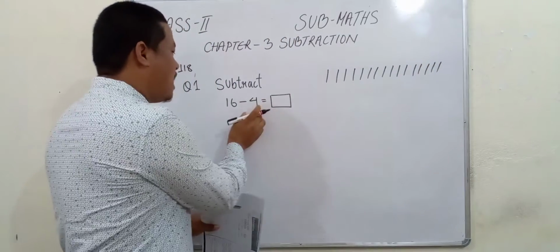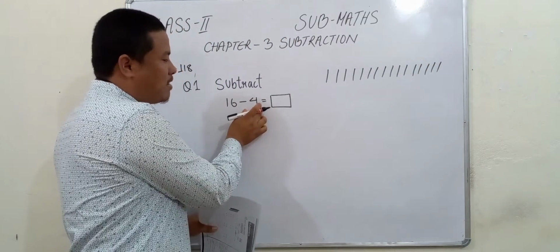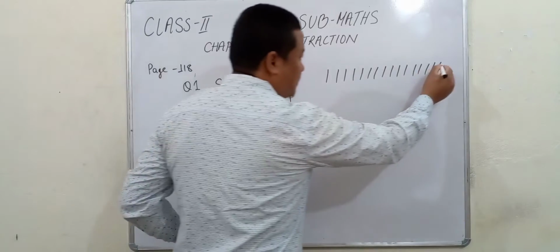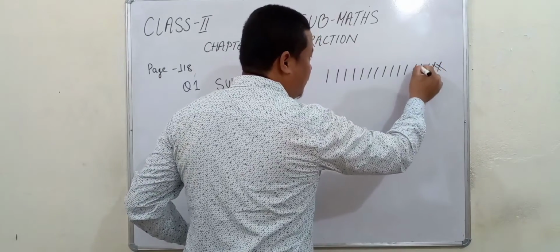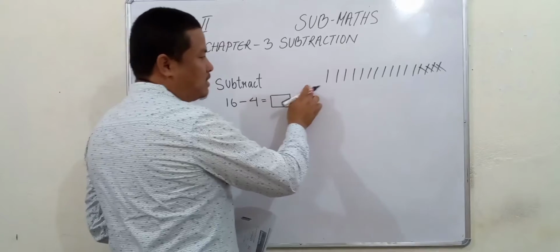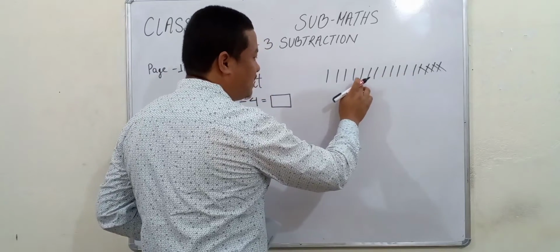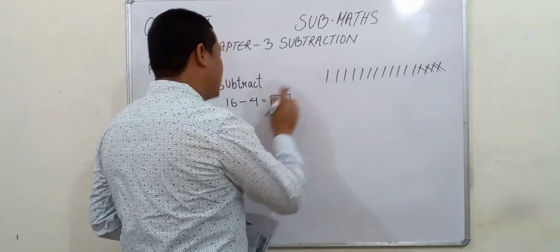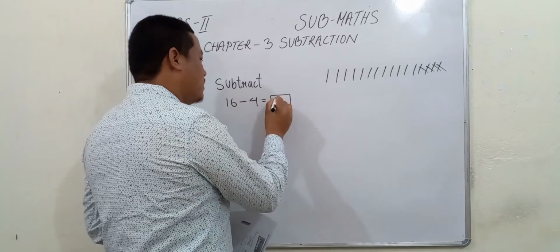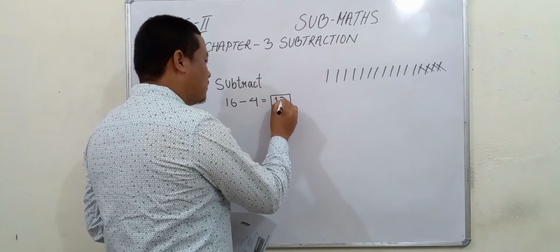From 16, how much we have to take out? We have to take out 4. 1, 2, 3, 4. Now count the rest of the number. How much remain? 1, 2, 3, 4, 5, 6, 7, 8, 9, 10, 11, 12. So 16 minus 4 is 12.